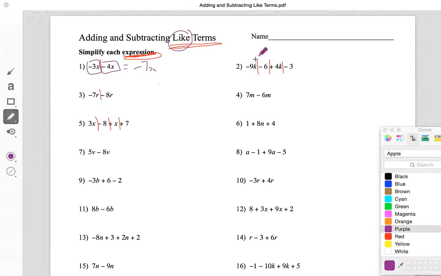Example 2. So example 2, you've got the minus 9k here. The 4k has the same algebra, just the k in there. So those two will go together. So minus 9k plus 4k makes minus 5k.